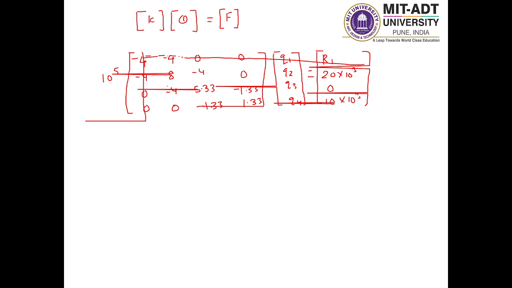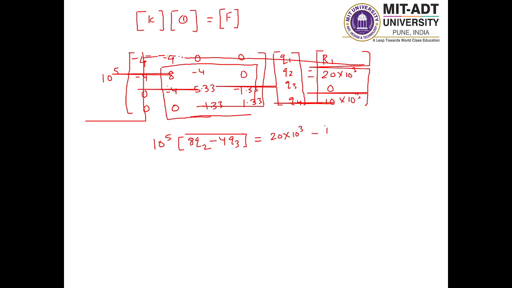After eliminating, only this portion remains, so this many elements remain, and from that I can write the equations. I have three equations, with 10 raised to the power 5 common: 8 q2 minus 4 q3 will be equal to 20 into 10 raised to the power 3. This is equation number 1.